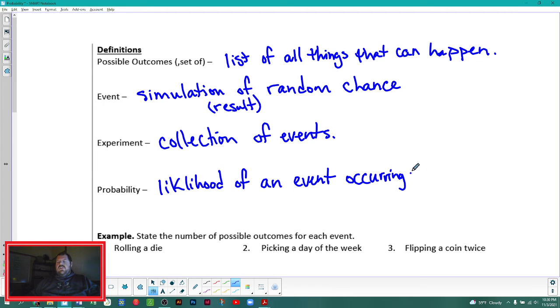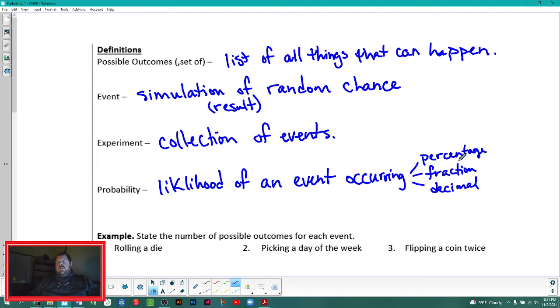And we're usually going to see that in one of 3 ways. We're going to see it as a percentage, as a fraction, or a decimal. Okay, 3 different ways that we could see it.